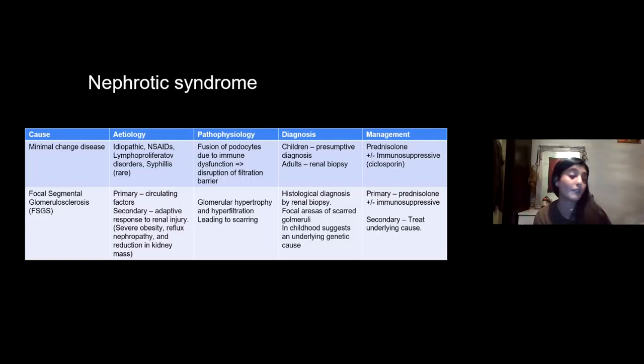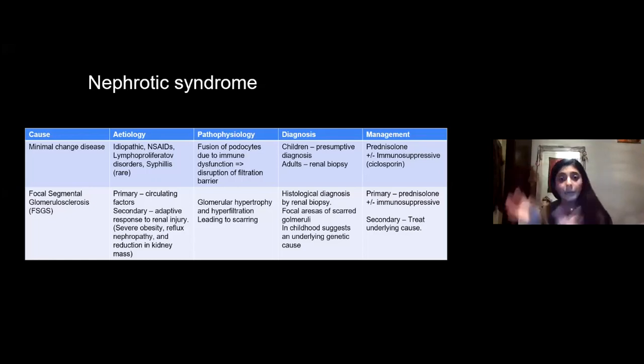This can be primary, idiopathic, with circulating factors. Again, not much is known about these, but it can be idiopathic primary, or it can be secondary. If we have a process going on in our body, for example, if we're severely obese, or there's reflux nephropathy, there's damage that occurs to our kidneys. The damage occurs in the glomerulus, and some of them then scar. The ones that scar shrink in size.